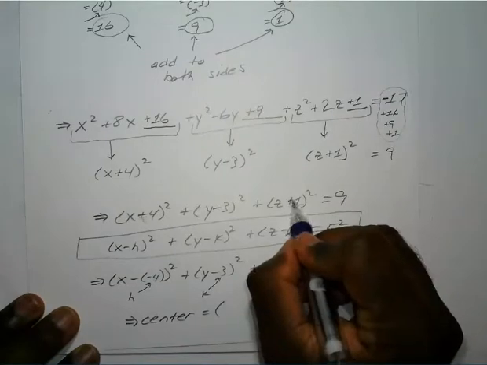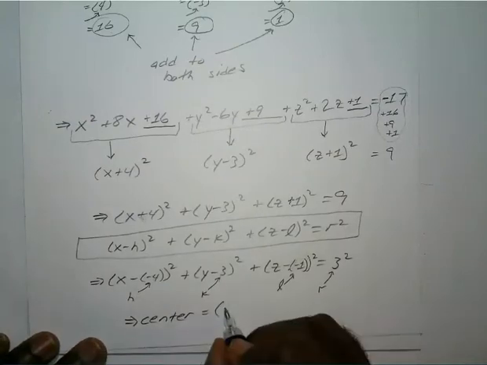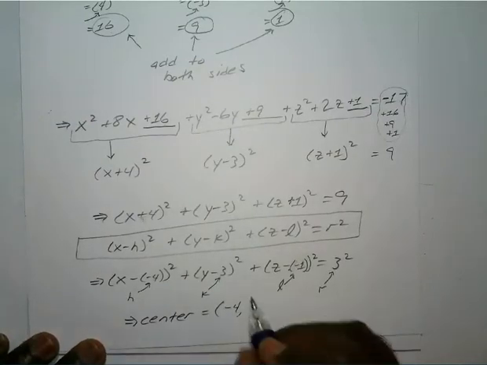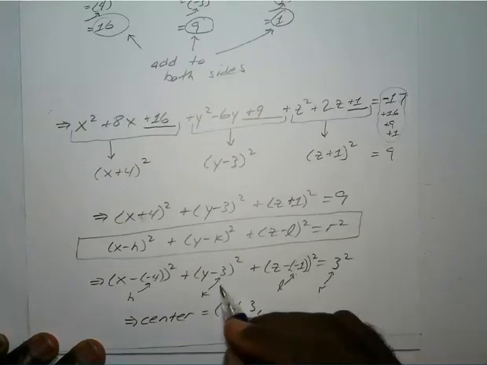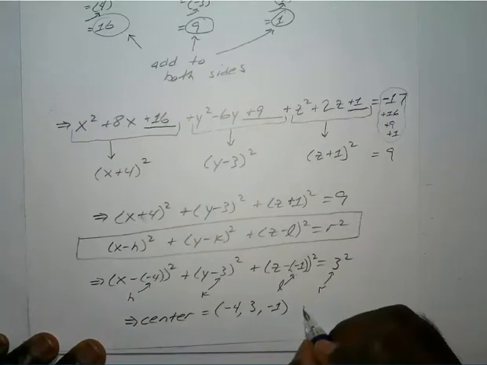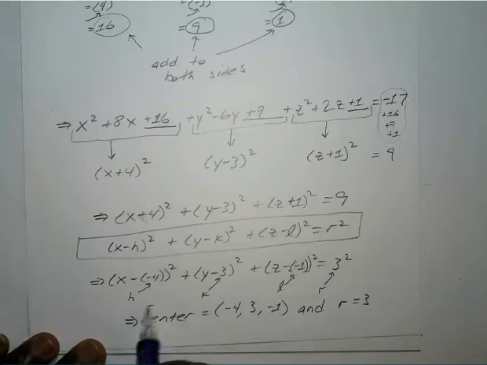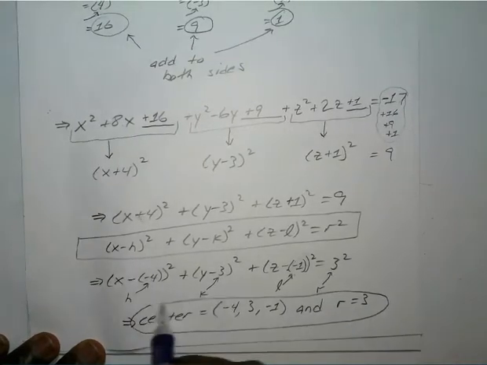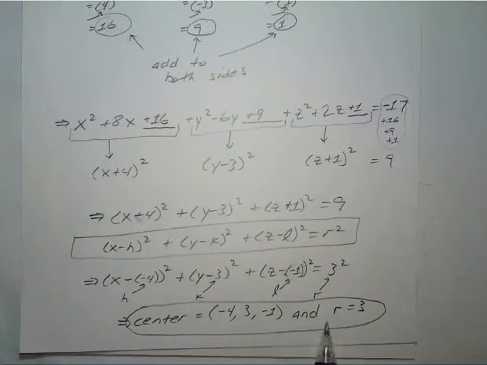So that gives us h is negative 4, k is 3, and l is negative 1. And r is equal to 3. Your radius is 3. Alright, so barring that little hiccup that I did right there, this is your answer.